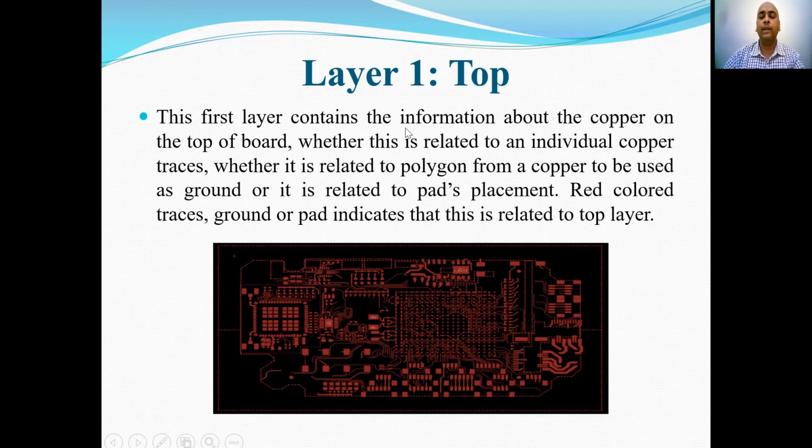The first layer contains the information about the copper on the top of the board, whether it is related to an individual copper trace, a polygon of copper to be used as ground, or pad placement. The red colored traces, ground or pads indicate that this is related to the top layer.